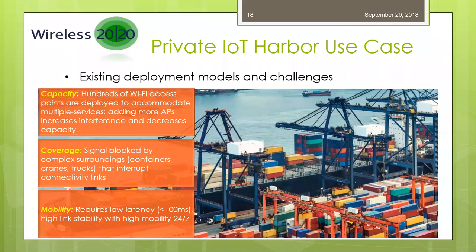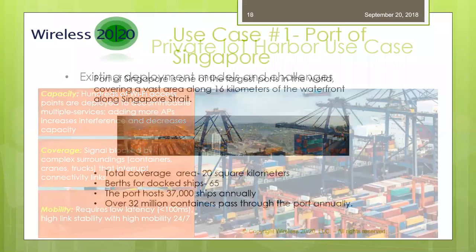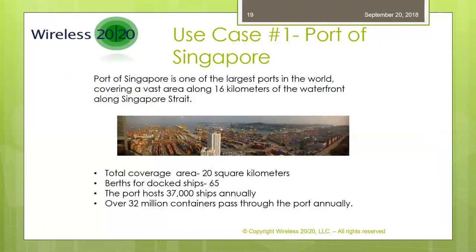So a lot of the MIMO capability of LTE certainly helps with that. We want mobility, but still have low latency and high link stability. So these are some of the requirements that we're going to focus on as we look at deploying MulteFire.